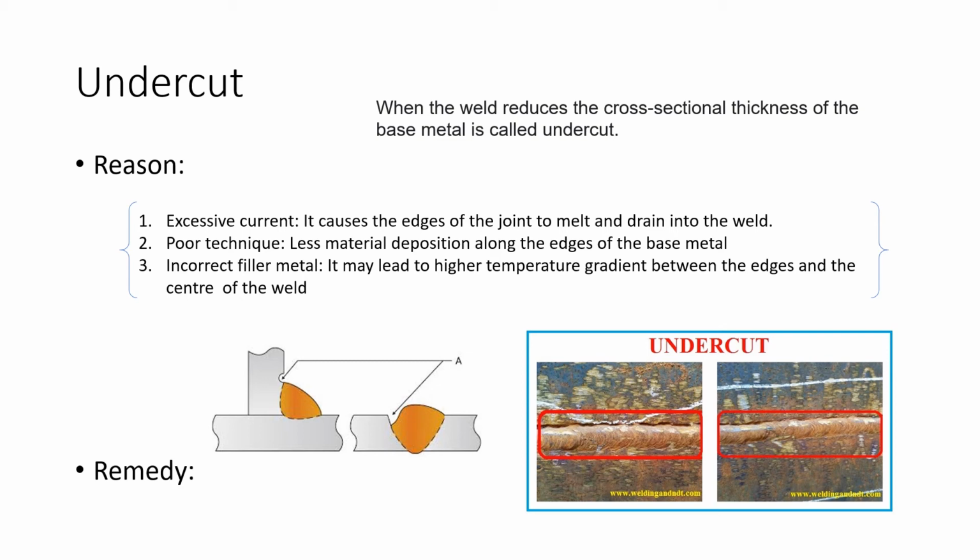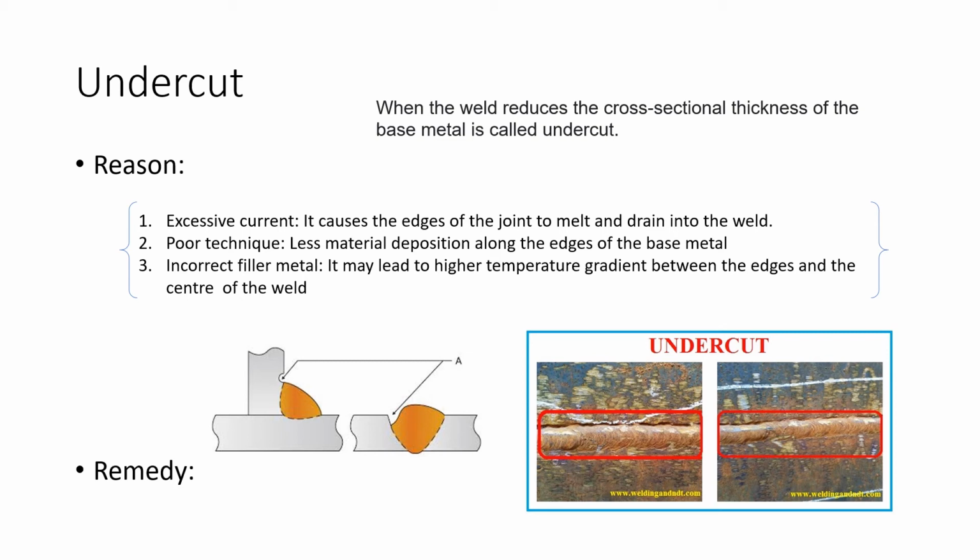Reasons? What are the reasons? First is excessive current. If the current is very high, that may cause the joint edges to melt. You can see in figure A the edges are melted, and in this way the separation from the weld to the base metal can be seen.